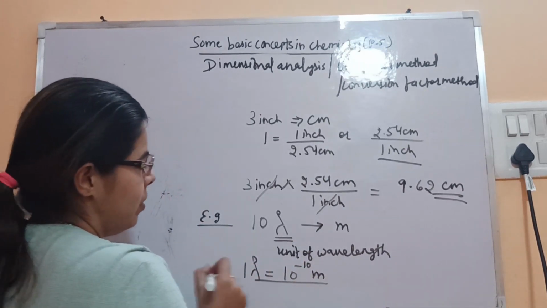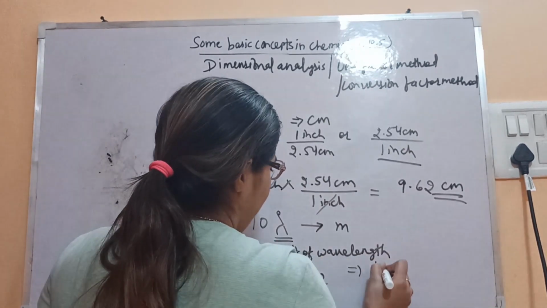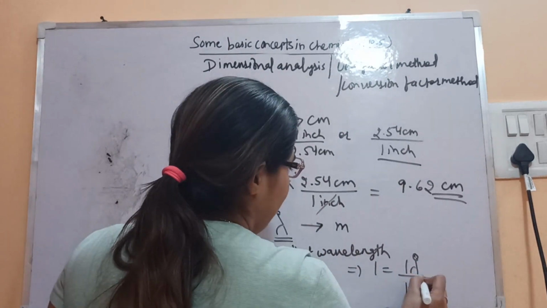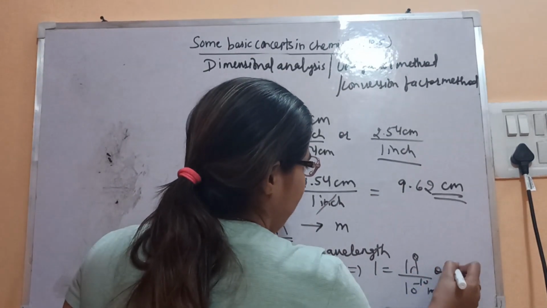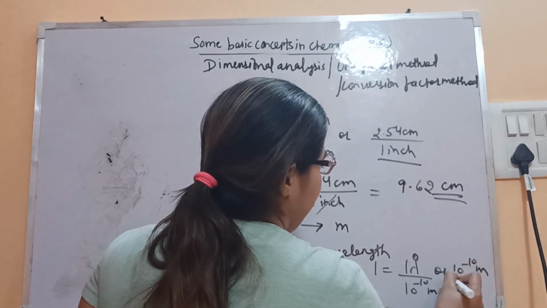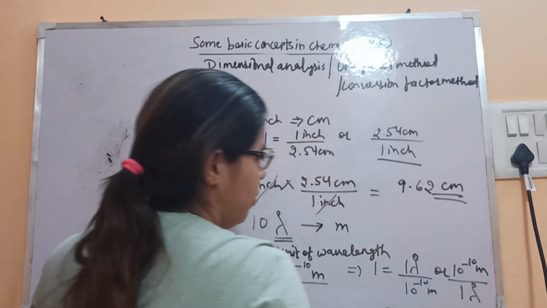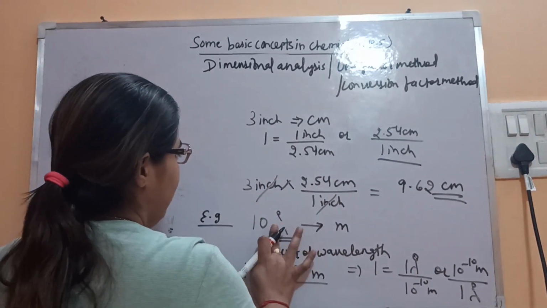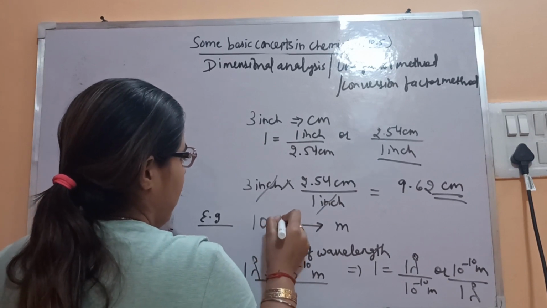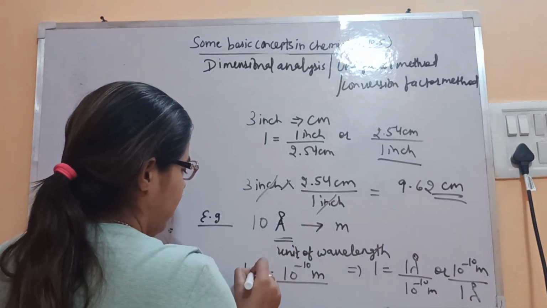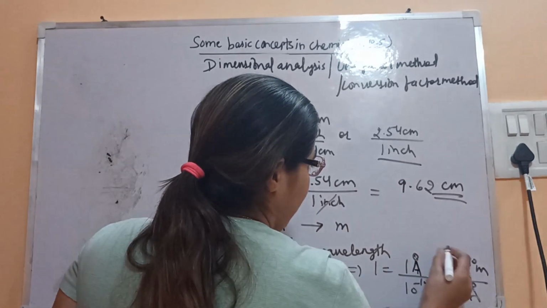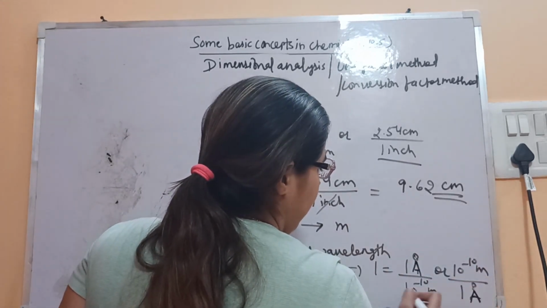How to write the conversion factor? 1 is equal to 1 angstrom divided by 10 to the power minus 10 meter, or 10 to the power minus 10 meter divided by 1 angstrom. Sorry, let's take capital A only here, with a dot over it.